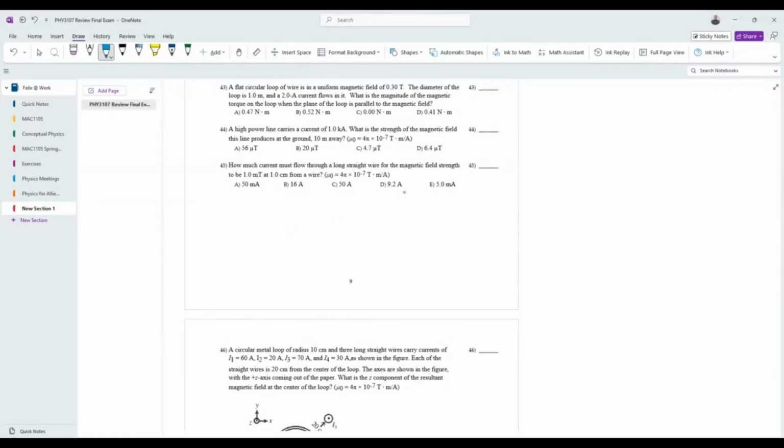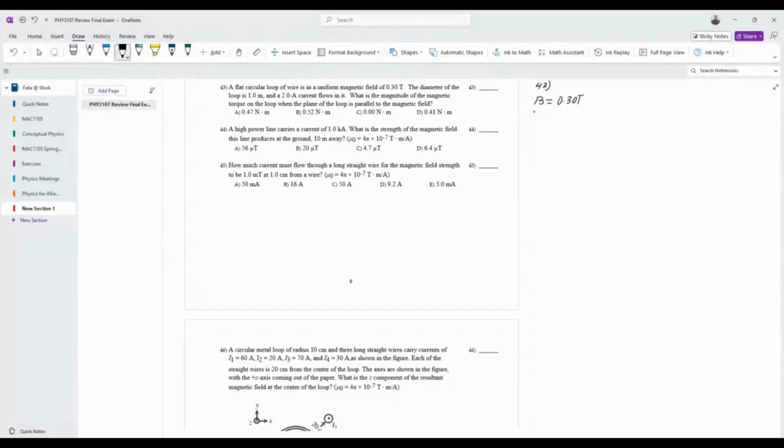Well, what we know: the intensity of the field, which is 0.30 Tesla.